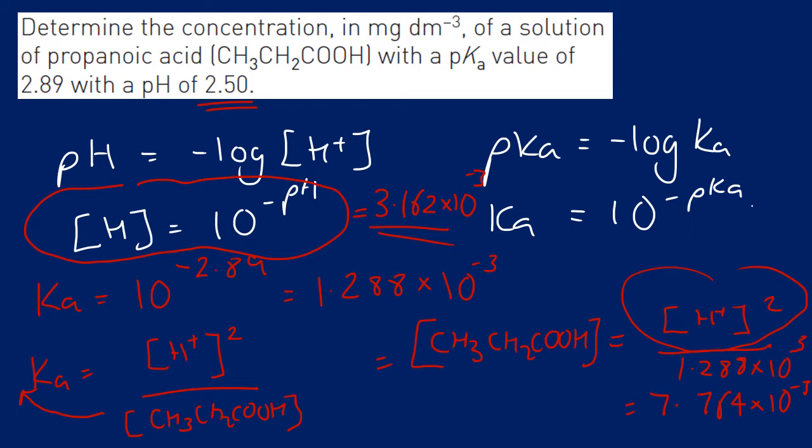I've worked that out as 0.574 grams, so I've now got 0.574 grams per decimeter cubed. Turn it into milligrams: 574 milligrams per decimeter cubed.